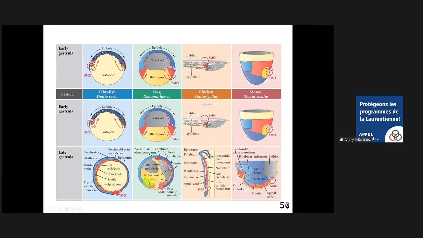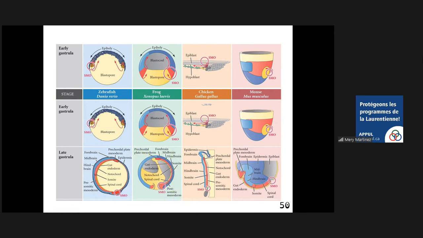The ectoderm is in the blue purplish color and surrounds the embryo, and the mesoderm, which is always in red, is normally between the ectoderm and the endoderm. So the regionalization of the mesoderm has also begun, depending on which part of the anterior-posterior axis it is found.